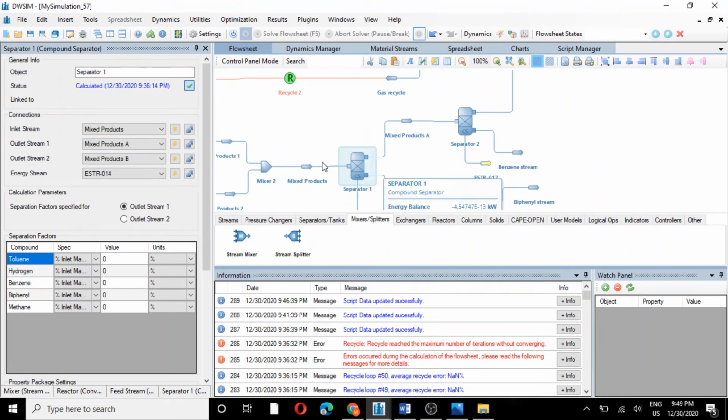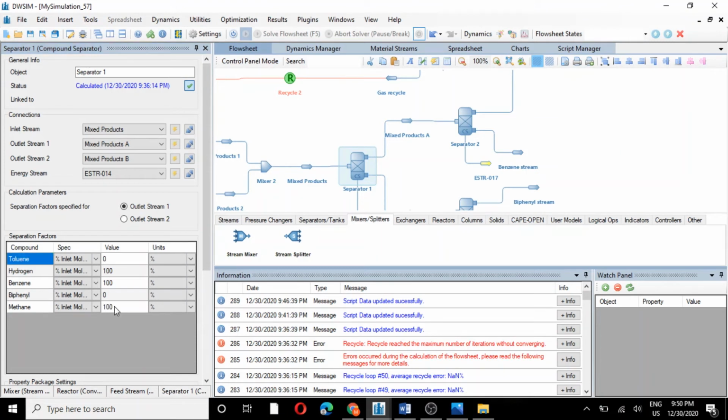To do that, we first change this to percent inlet molar flow, and we want the hydrogen, methane, and benzene to enter outlet stream 1 at 100%, because they will separate in the next separator too. So hydrogen 100%, benzene 100%, and methane 100%.